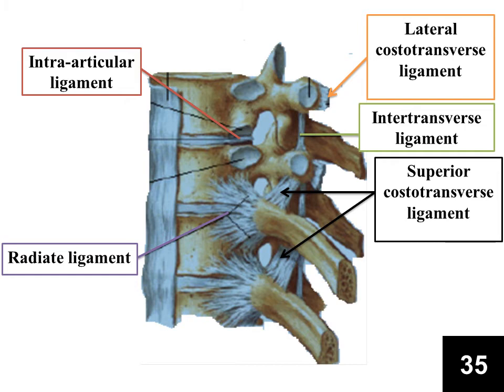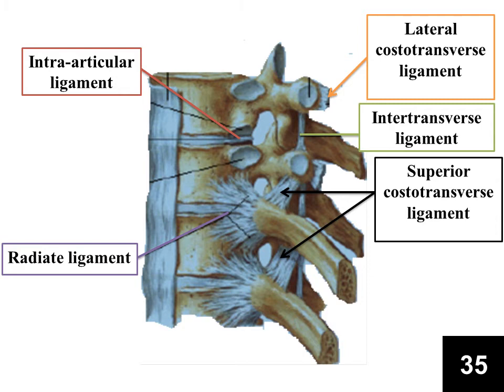Then with the black color arrow you can see the superior costotransverse ligament. Also you can see the intertransverse ligament, although it is not in the picture. Also above, with the orange color arrow, you can see the lateral costotransverse ligament.